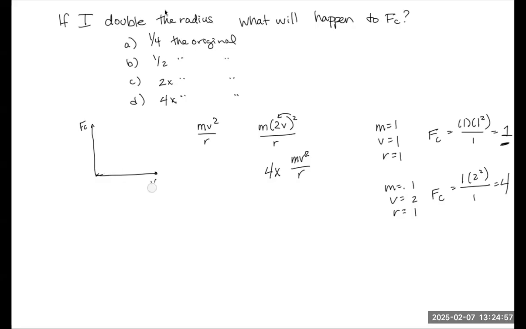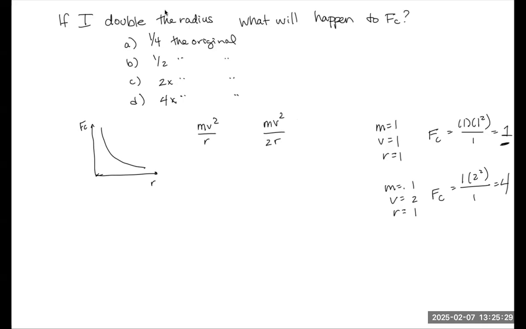All right, here this pattern is what I'm looking at. So I know that if I increase my radius, I'm actually going to decrease my centripetal force. So we know that it can't be C or D. It's going to have to be A or B. And so, in fact, over here, what I will see is mv squared over 2r.